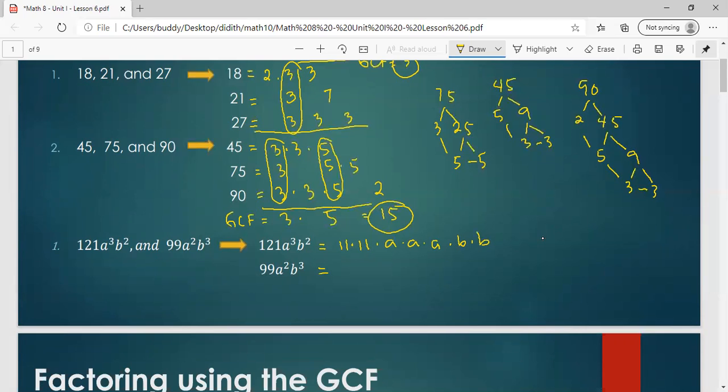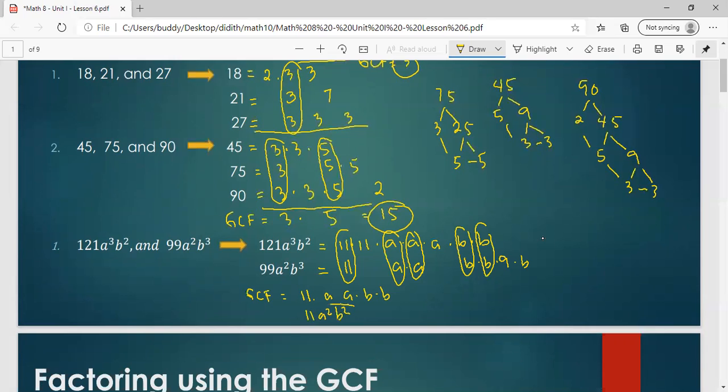Now with 99, this is 11 times 9, and then a squared is a times a, while b cubed is b times b times another b. So we'll get their common factors: we have 11, a, another a, b, and another b. So their GCF is 11 times a times a times b times b, so this is 11a squared b squared.